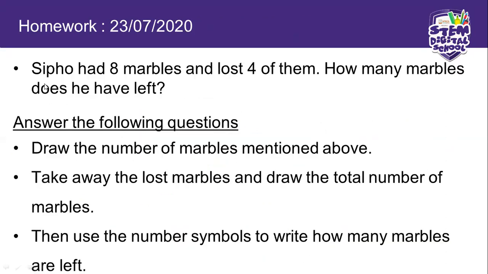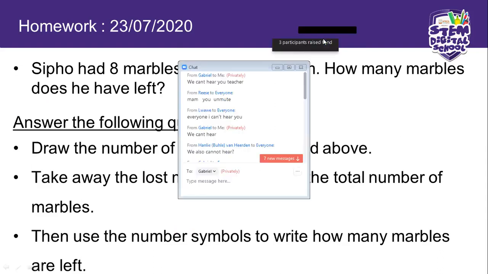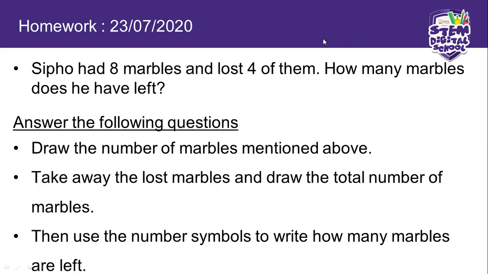The next one was that Sipo had 8 marbles and he lost 4 of them. How many marbles does he have? Okay, I see somebody has raised their hands. Let me just quickly go there.